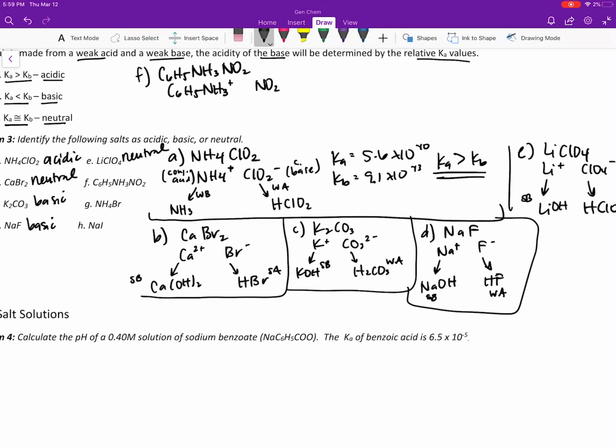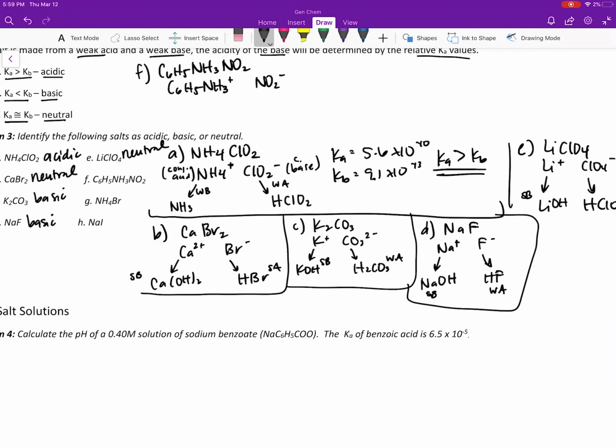Instead of having 4 protons, it's going to have 3 protons and an R group, which can be anything carbon based, a methyl, ethyl. This is an example of a benzene, so it can be any sort of derivative of that. So this is going to come from some sort of ammonia derivative, which is a weak base, just like ammonia is, and then HNO2, which is a weak acid.